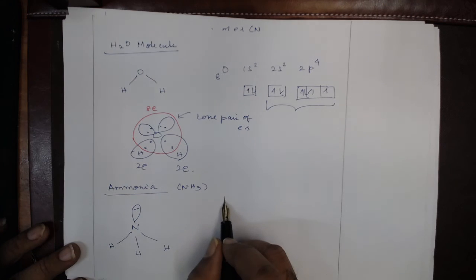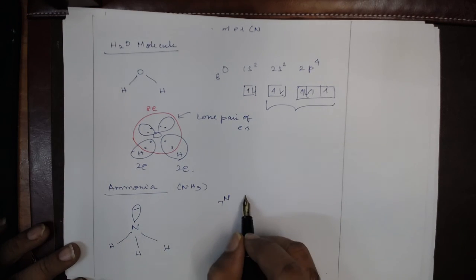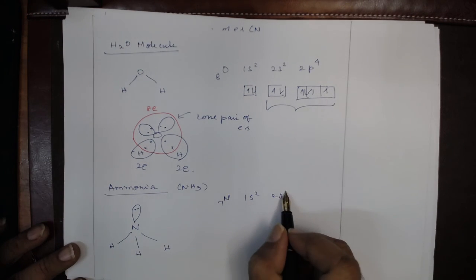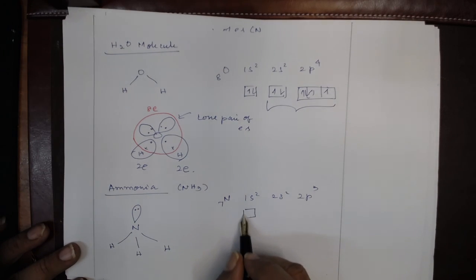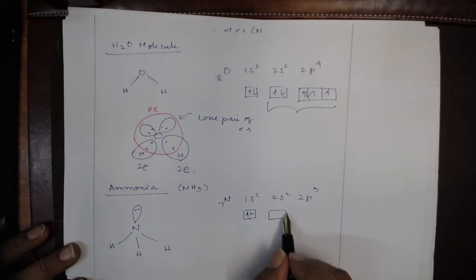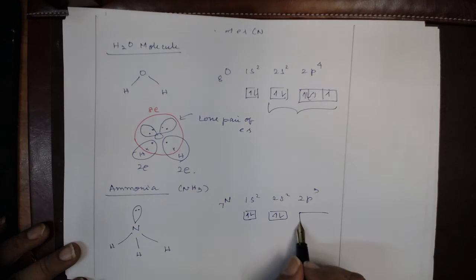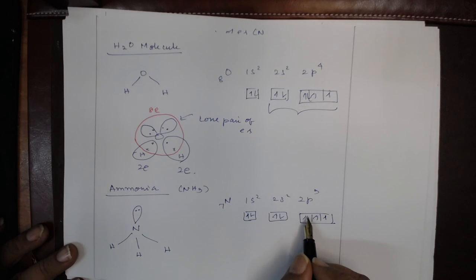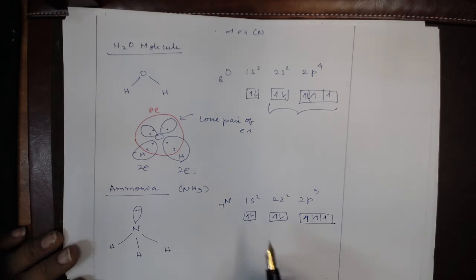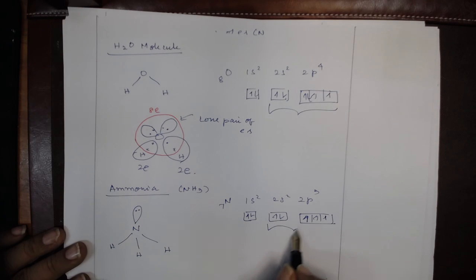Now let us talk about the nitrogen. It is 7. So 1s2, 2s2, 2p3. It means you have 1s2, 2s2, 2p3 means 3 boxes. 1, 2, 3. Okay, so all these arrow marks represent the electrons. So we have 2 plus 3, that is 5 electrons.